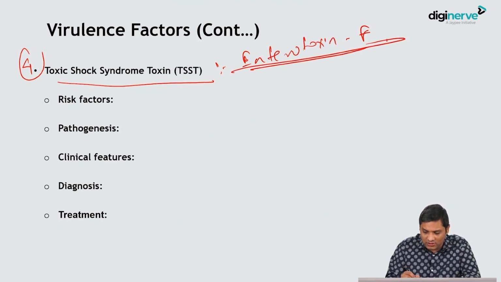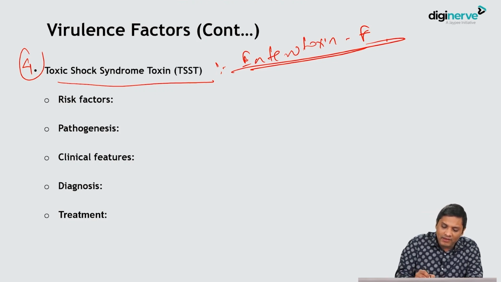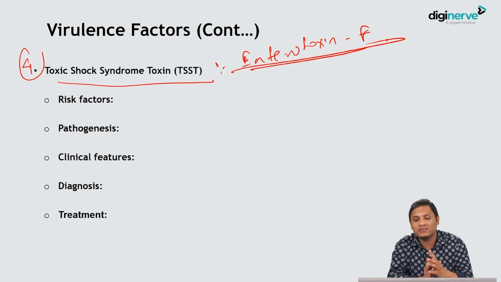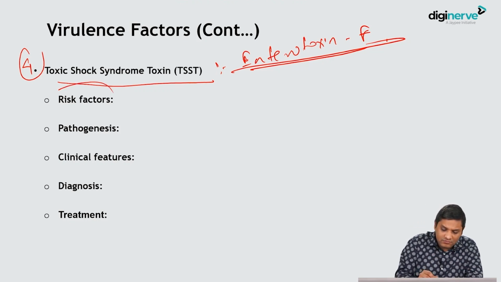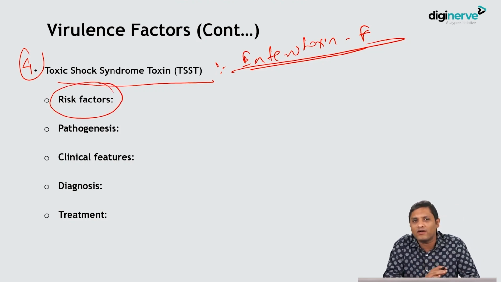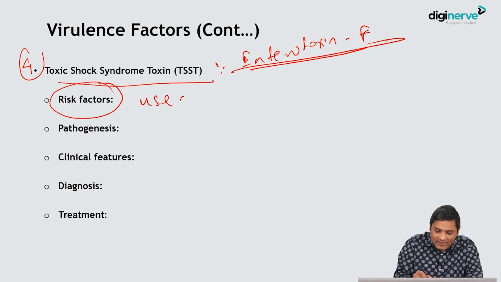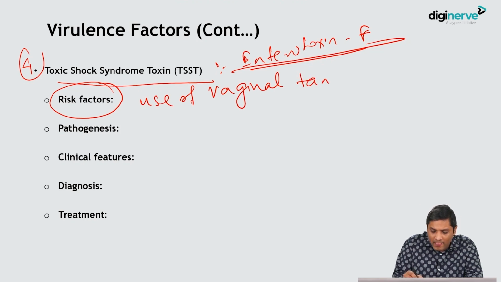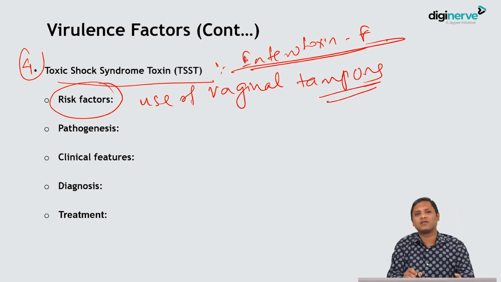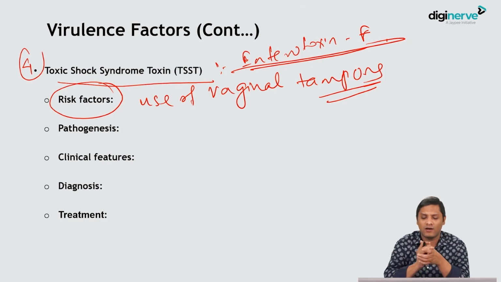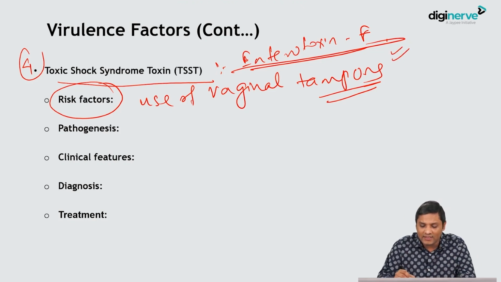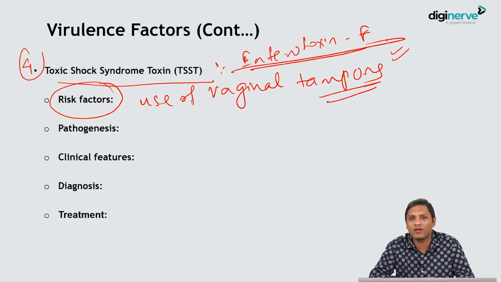Toxic shock syndrome toxin is nothing but enterotoxin type F, and this disease occurs because of various risk factors. The most important risk factor is the use of vaginal tampons by menstruating females. This used to be a common practice, and it is the most important risk factor which promotes toxic shock syndrome.